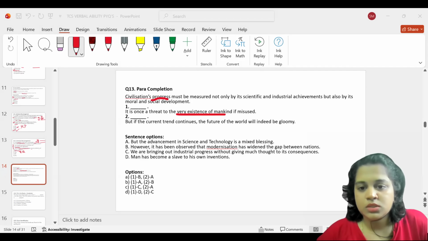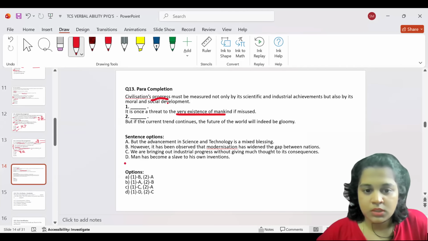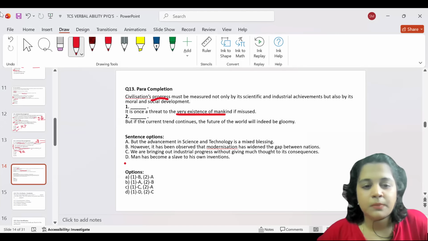So let us look through the options. The first thing talks about some industrial progress. In the options provided: the advancement in science and technology is a mixed blessing. However, it has been observed that modernization has widened the gap between nations.